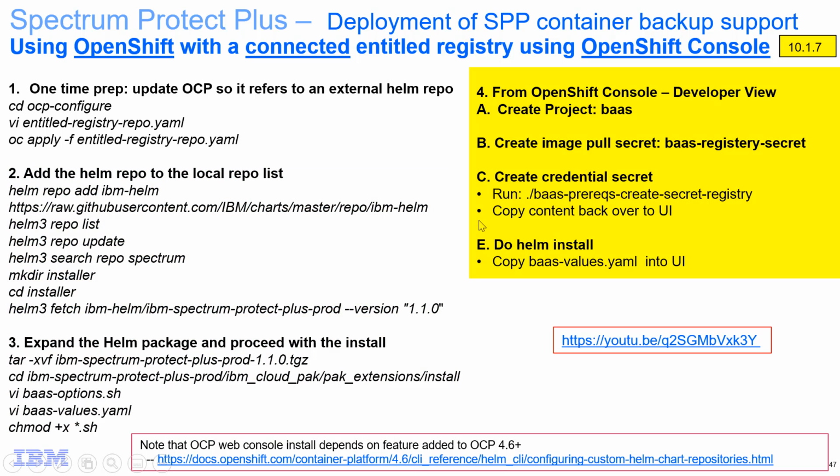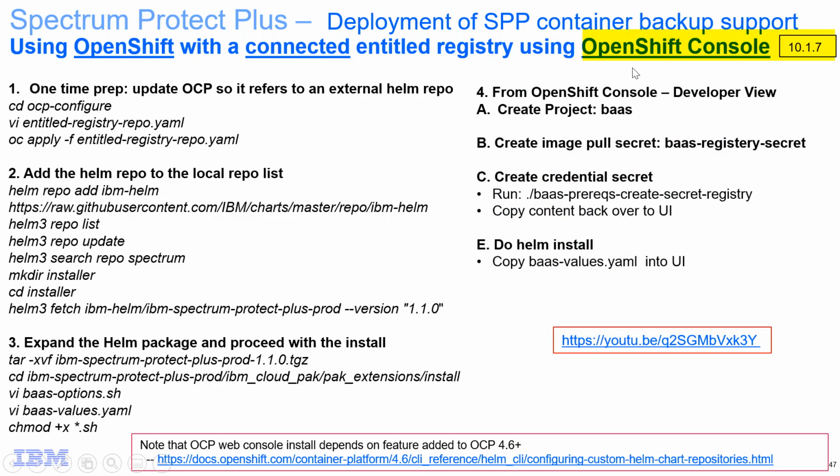Then you're going to go into the OpenShift console, and from the developer view, create a project called BAS. Remember, the BAS namespace is where we install our container backup support, and in OpenShift, instead of namespace, we call it projects. Then you're going to create an image pull secret, the credential secret, and then you'll do the Helm install of the Spectrum Protect container backup support package.